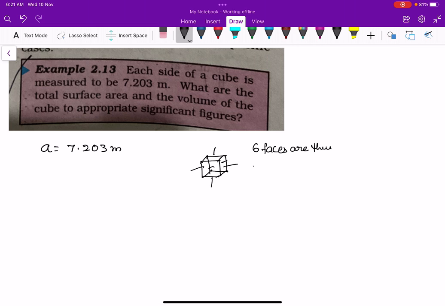So each surface area is a square. Total surface area is six into a square.